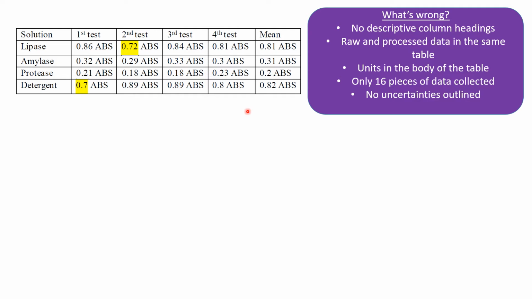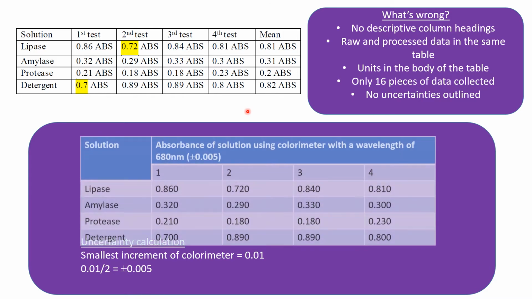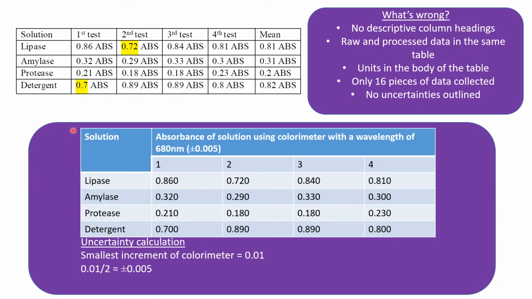So let's have a look at what this table should have looked like. So here we have your solution. This should actually be more descriptive. You've got absorbance of solution using colorimeter with a wavelength of 680 nanometers. That's much more descriptive than first test, second test, third test, fourth test. And then you've got your 1, 2, 3, 4 repeats here.